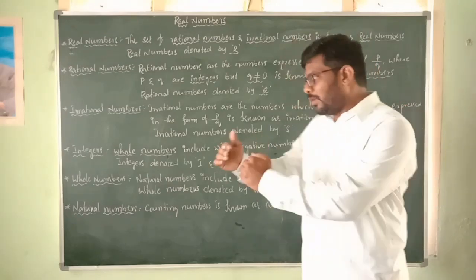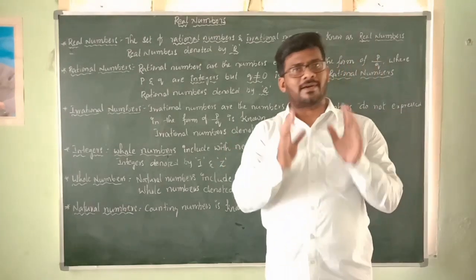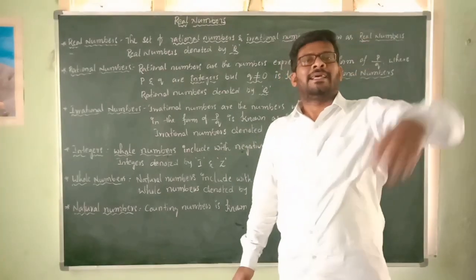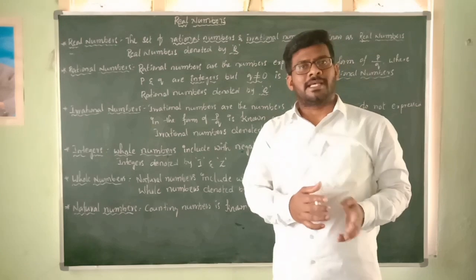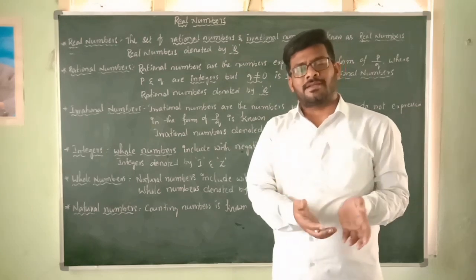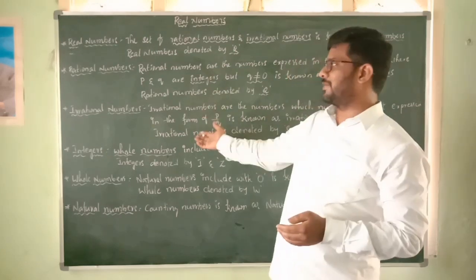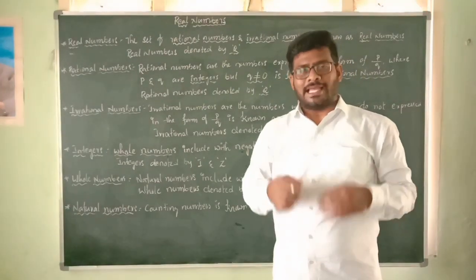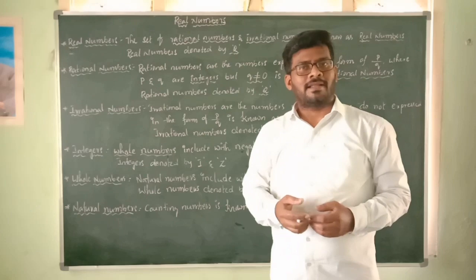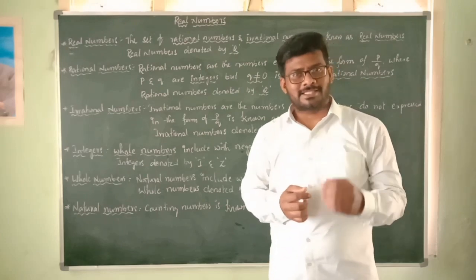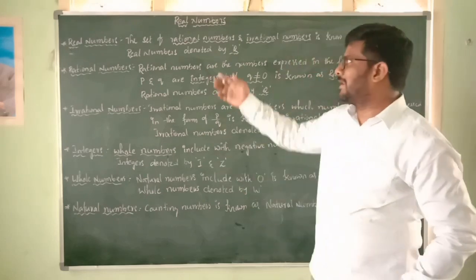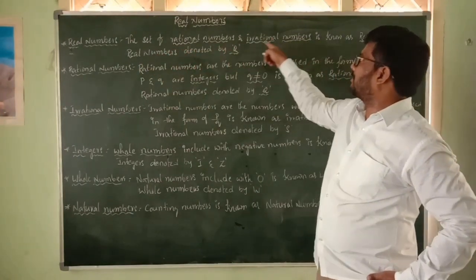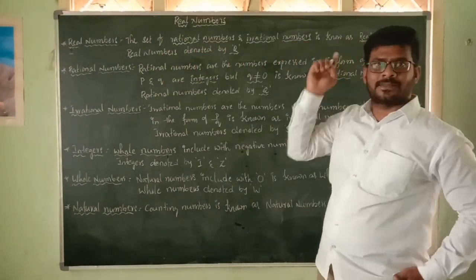Why do I tell all this? Because we should not forget the earlier concepts you learned in earlier classes. The earlier concepts are very useful in further classes. So children, if you have any leisure time, recall and remember them. In the 10th class definition, the set of rational numbers and irrational numbers is known as real numbers.